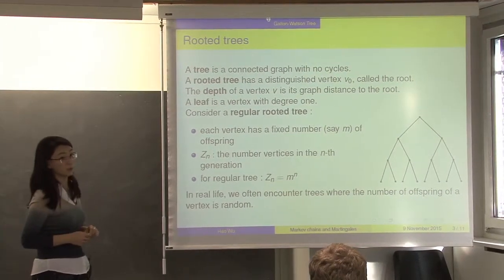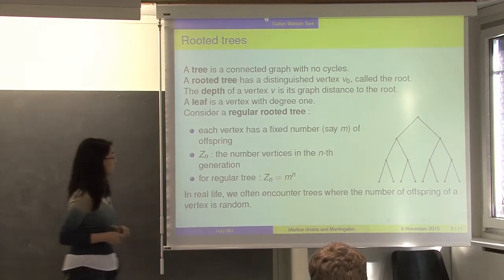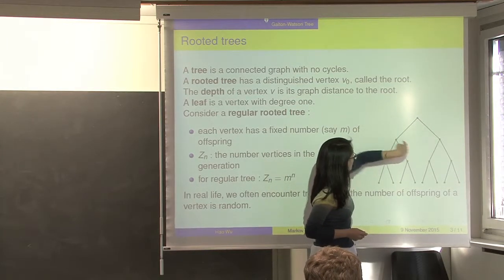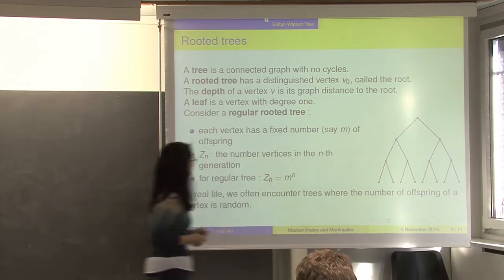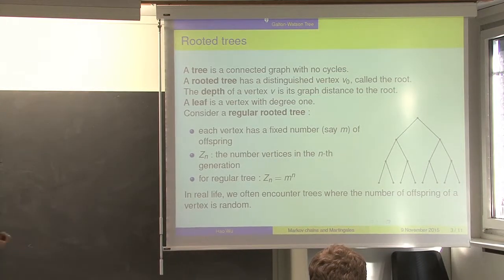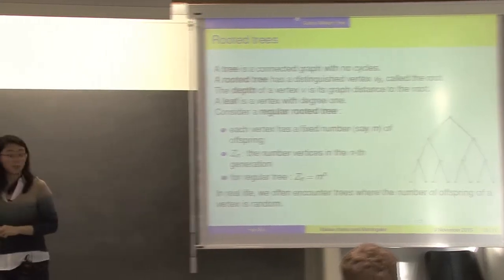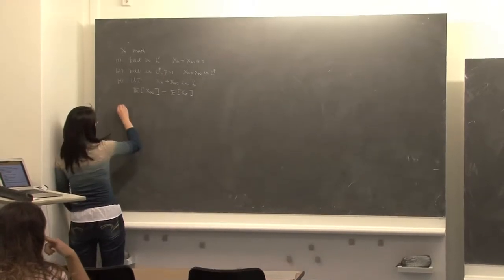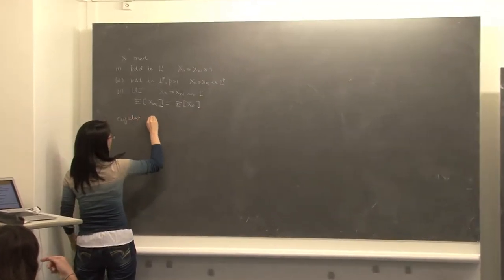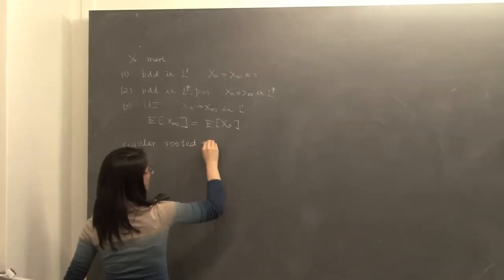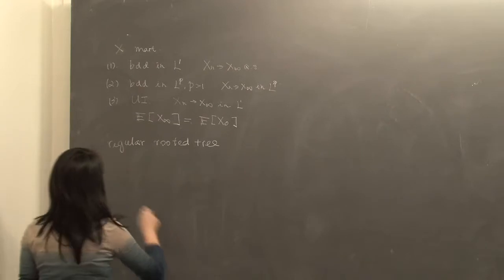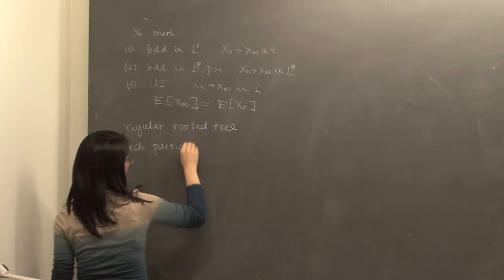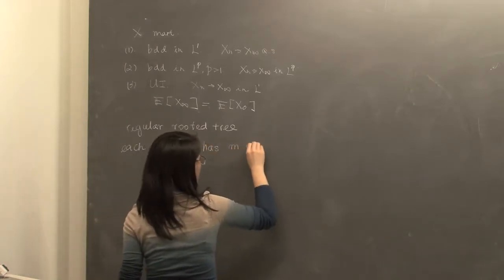And now we consider a regular rooted tree. A regular rooted tree means each vertex has a fixed number of children. So for example, here is a binary tree. This is the root, and each particle has 2 children. So this is a regular rooted tree. Consider a regular rooted tree where each particle has m children.